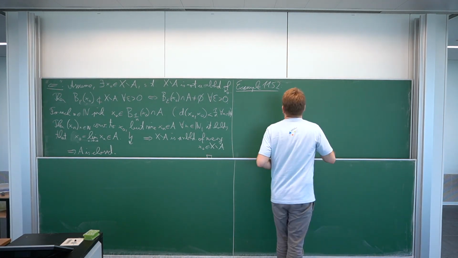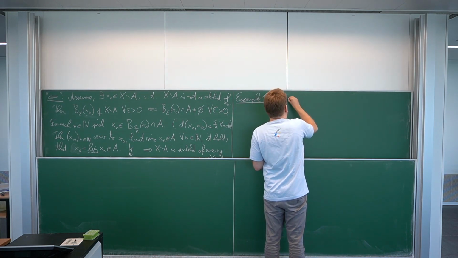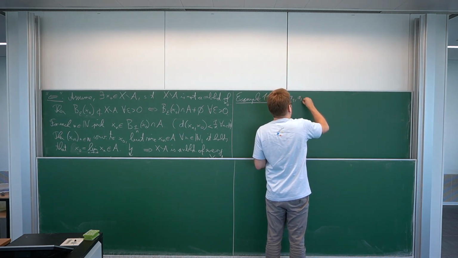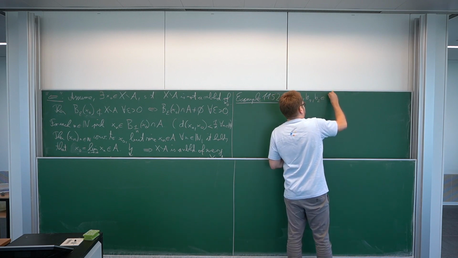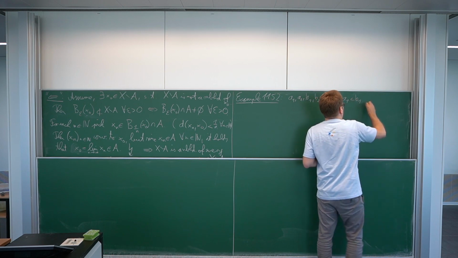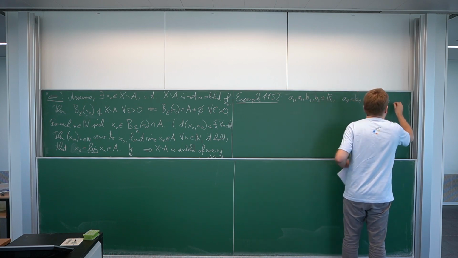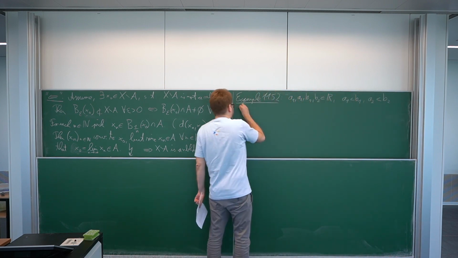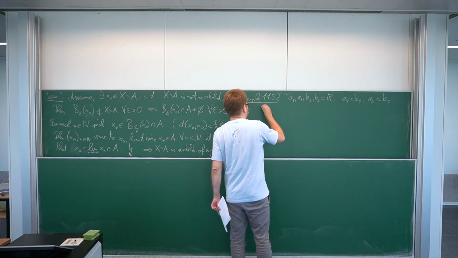And let me give you a very elementary example of a closed set. So we take a1, a2, b1, b2 to be real numbers, such that a1 is smaller than b1, a2 smaller than b2. And then we consider the following set, which is again a rectangle. We had before the open rectangle, so to say.